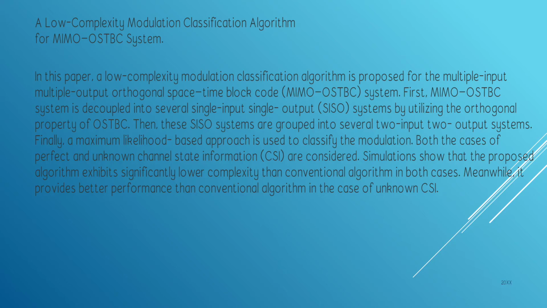First, the MIMO and OSTBC system is decoupled into several single input, single output systems by utilizing the orthogonal property of OSTBC. Then these SISO systems are grouped into several two input, two output systems.